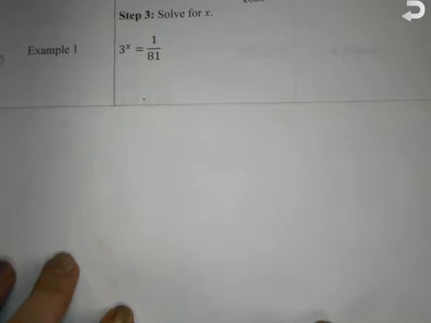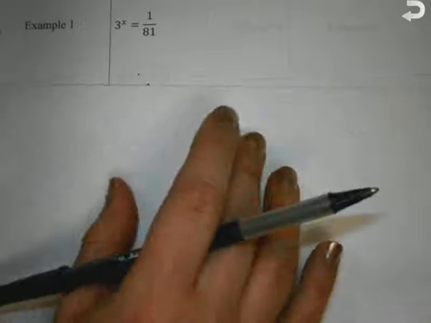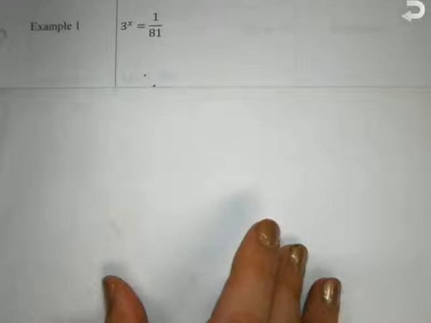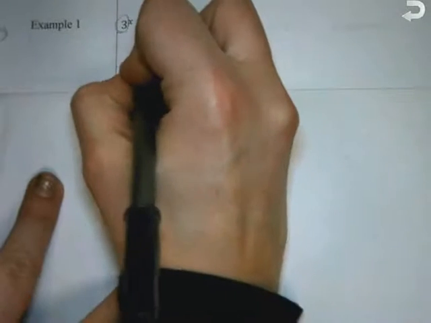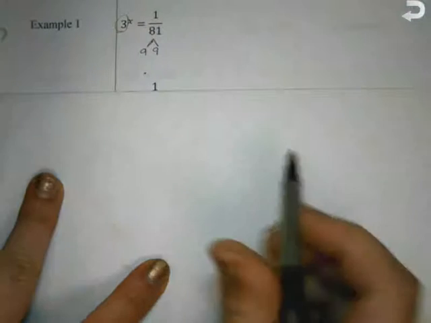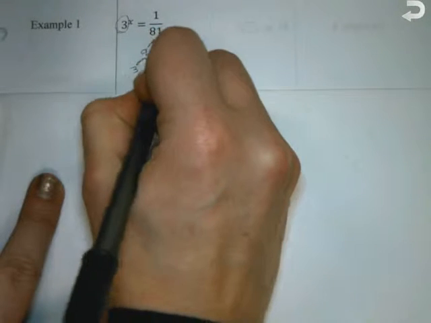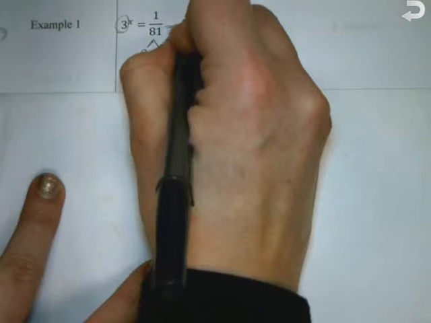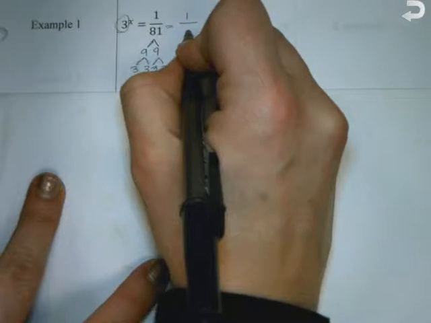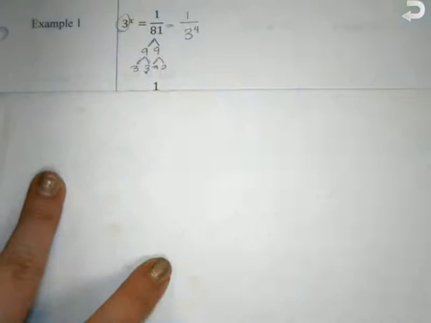For example 1, I have 3 to the x equals 1 over 81. What do you think my base is going to be here? It's going to be 3. Can we get 81 into a base 3? Yeah, 81 splits up to 9 and 9, which is 3 and 3 and 3 and 3. So this is the same as 1 over 3 to the 4th. But are my bases exactly the same yet?